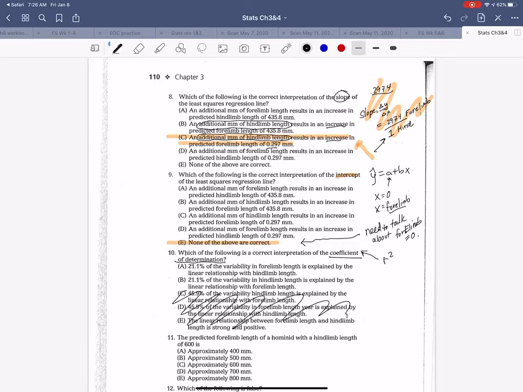It's the variability in hind limb as it is explained by the linear relationship with the forelimb. So it says here, this is interesting how they ask this question, that this would be the variability in forelimb that's explained by the linear relationship with hind limb. I think I like that one better. This is an interesting one, so I'm just going to star that. That's interesting. Okay.